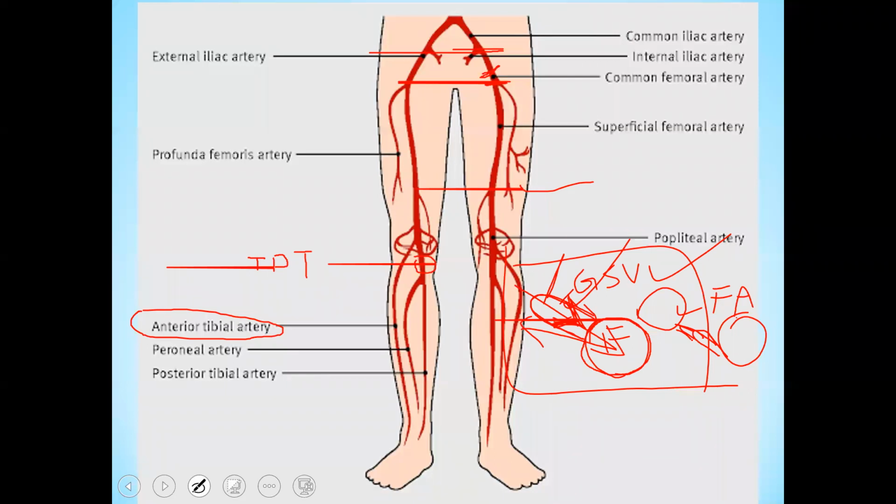Then rotate your transducer at this level on the common femoral artery. Try to make an angle of insonation at almost 60 degrees, less than 90 degrees.